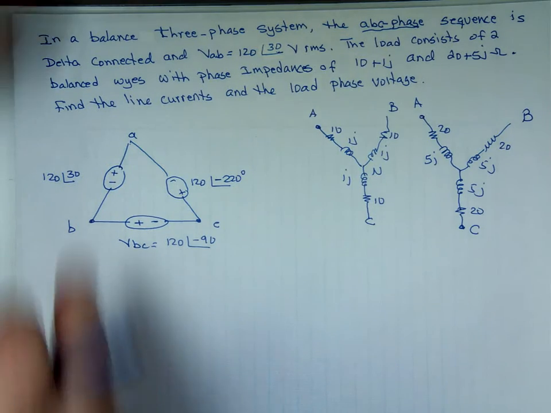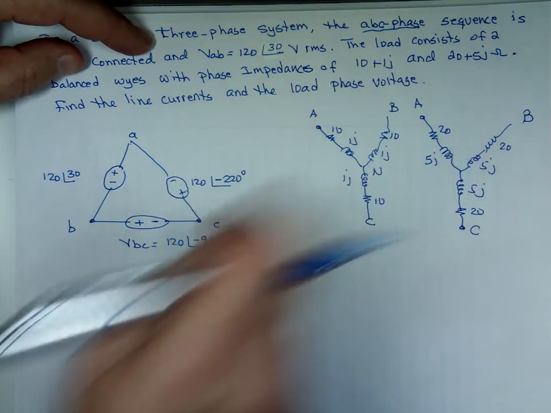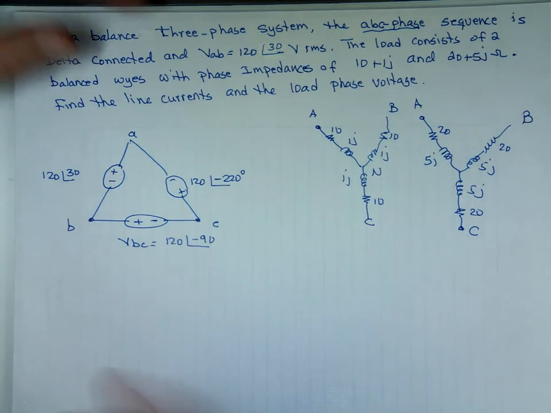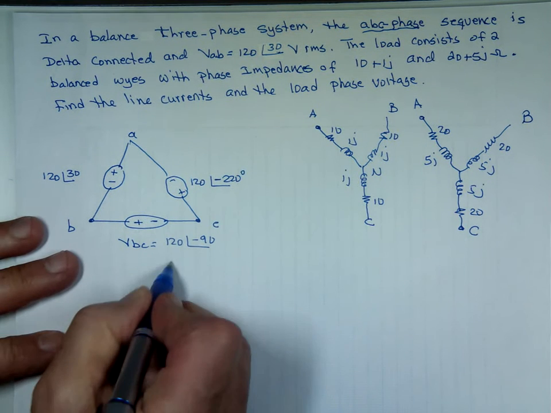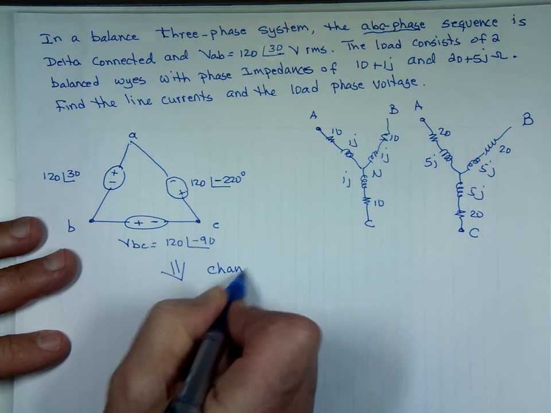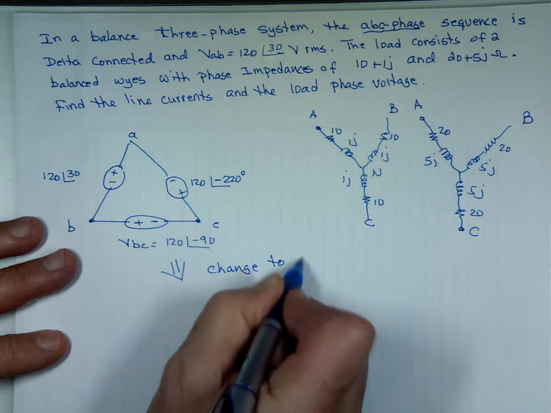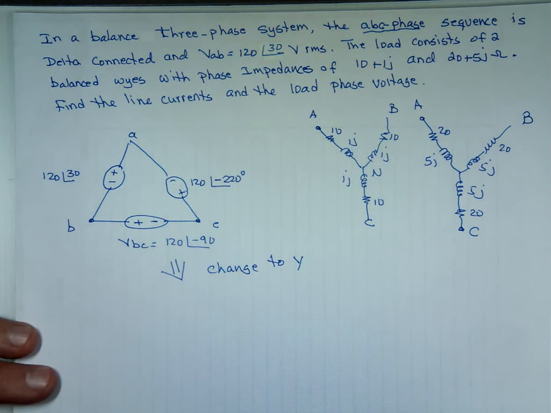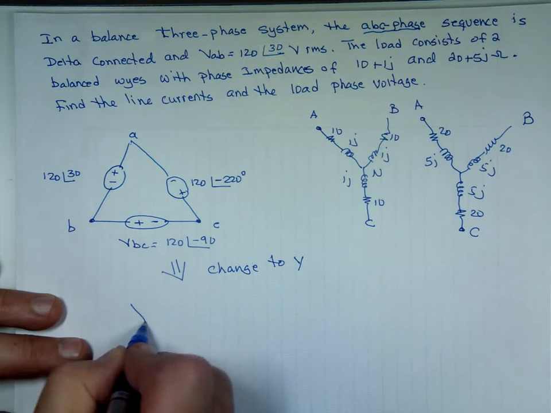So if you attach A to A to A, and B to B to B, it's not going to be a pretty picture. So it might be easier if I take this source here and change it to a Y source. If you change it to Y, it will look something like this.